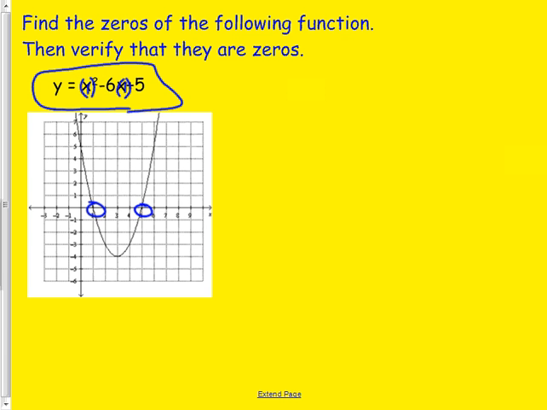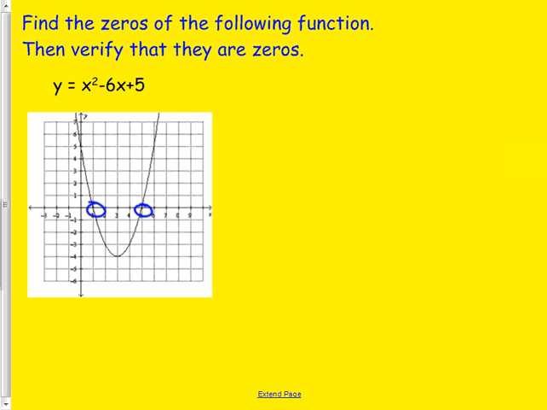Did that work or not? All right. So 1 minus 6 made negative 5. And negative 5 plus 5 made 0. Yep, it works.